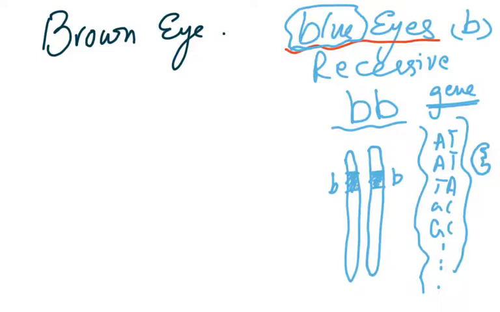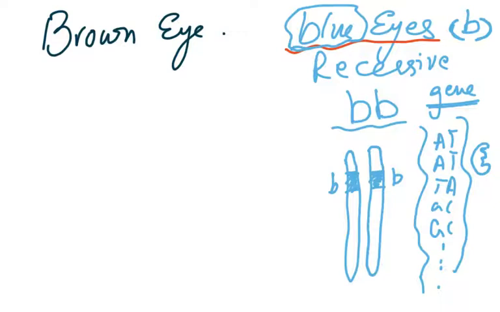Which chromosome? We have now actually mapped all of the human genome, so we can know which chromosome has the eye color gene. This information will be given to you in the question. So don't start worrying about whether you need to memorize it or learn all this. No, you don't have to learn anything.